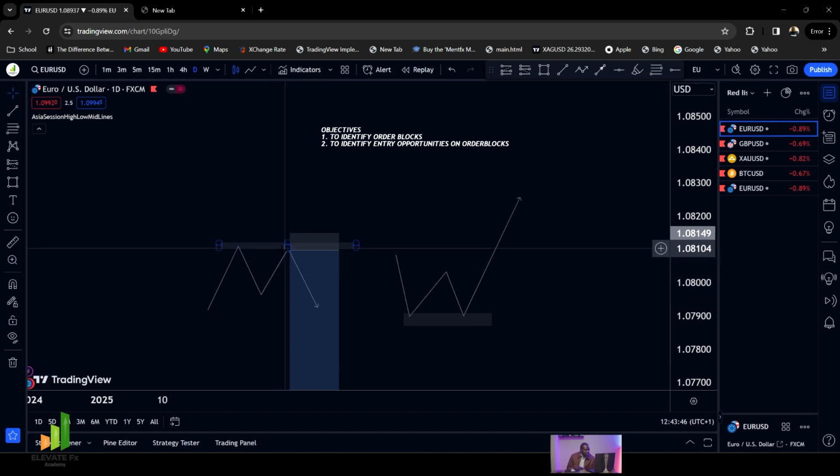Take, for instance, you're looking to get involved in the markets over here at this point, and you have your stop loss placed above here. What that simply means is if you're exiting the market with a stop loss, somebody else is buying your position at a cheaper price, which means you entered here, but price moved a little bit higher than the area you expected it to move from, which means your position went in a loss.